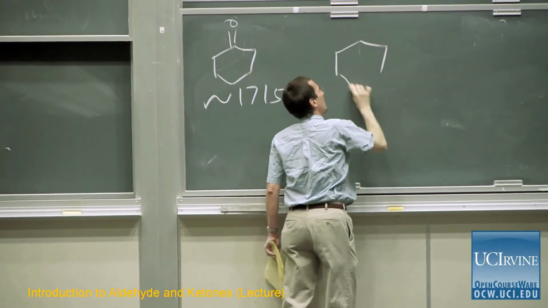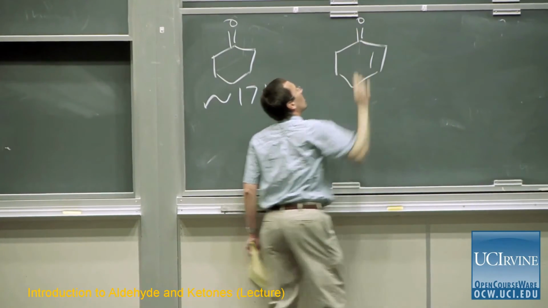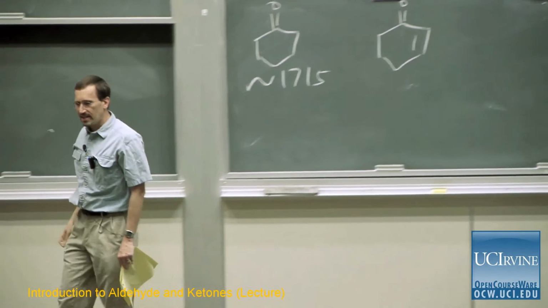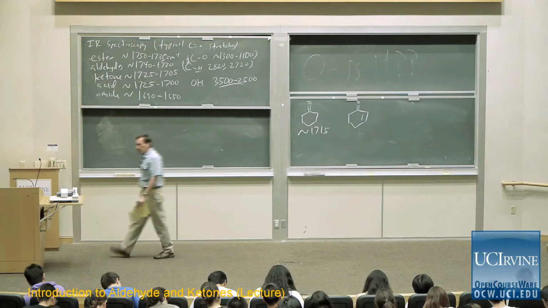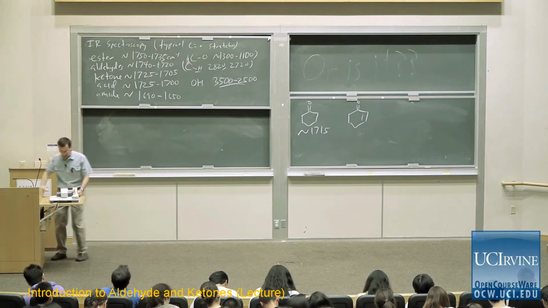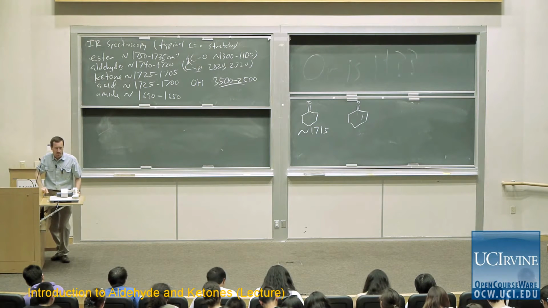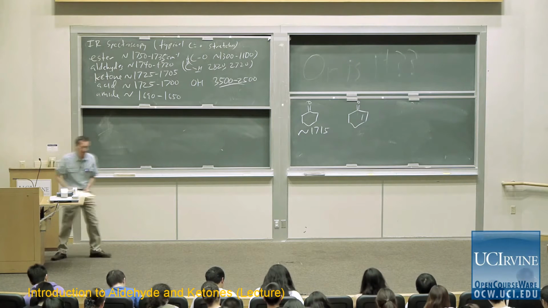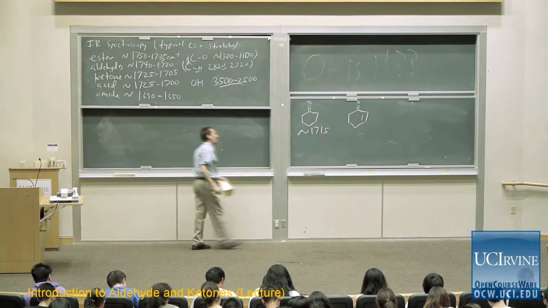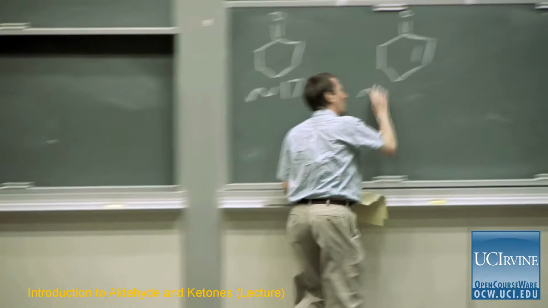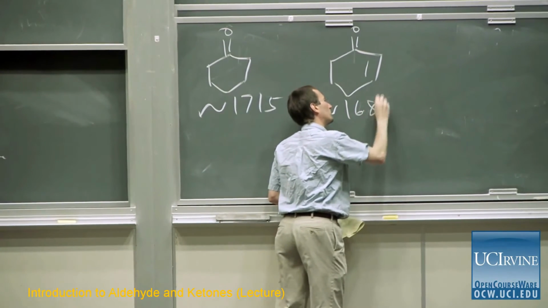If, on the other hand, you go to cyclohexenone, the conjugation of the double bond with the ketone weakens the C=O bond. It shifts it to lower frequency, to about 1685 wave numbers.